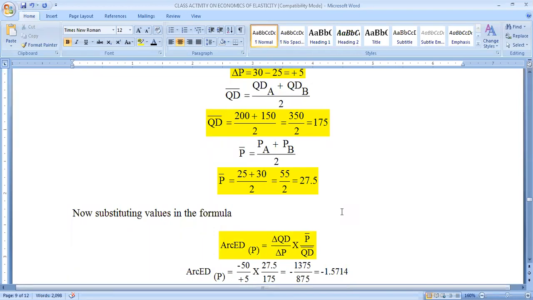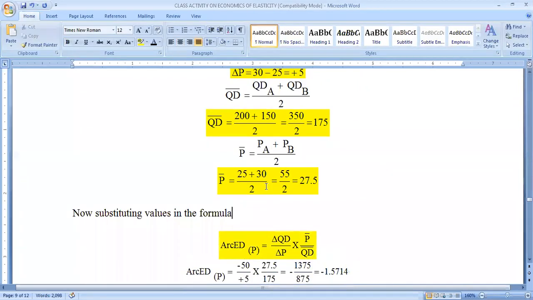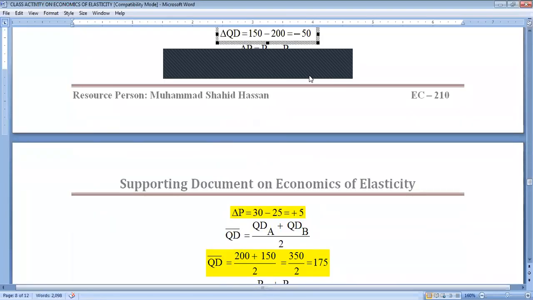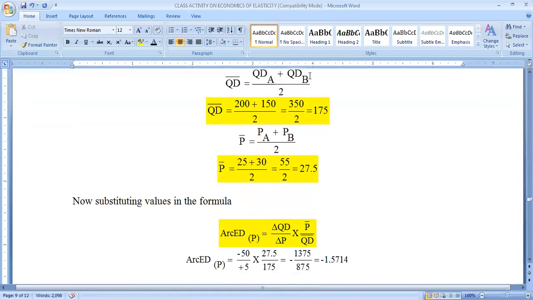Okay, now delta QD we have obtained equals minus 50. Okay, for delta P we have obtained plus 5. Look at the formula.